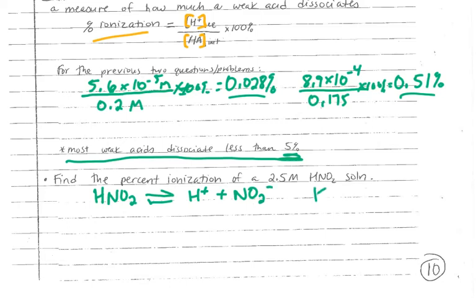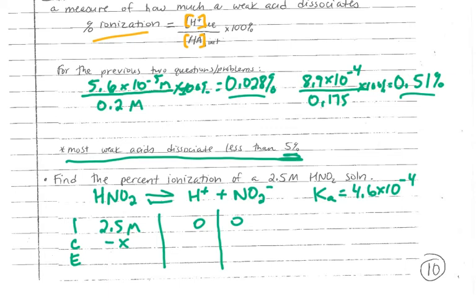And we can look up the Ka for this on a table, and we find that it is 4.6 times 10 to the negative fourth. And now we can set up our ICE box.